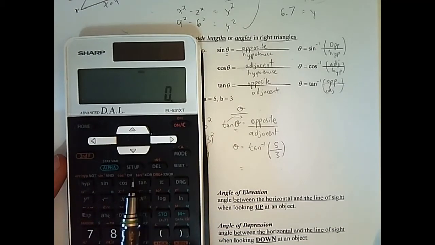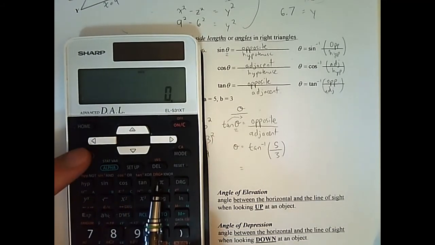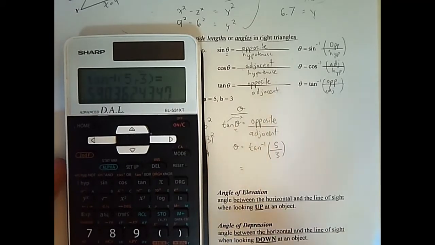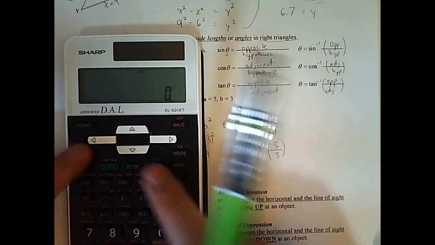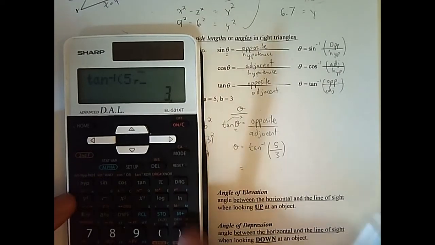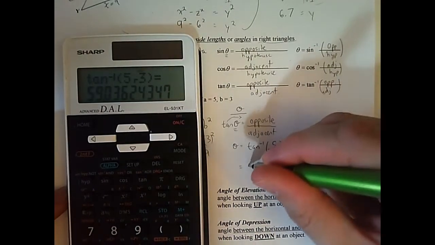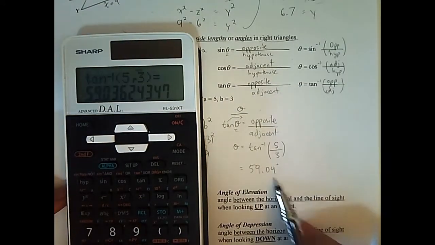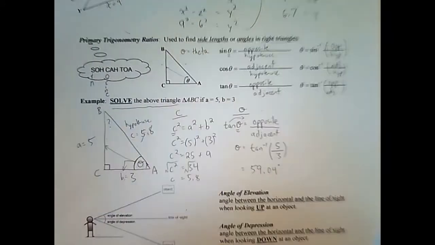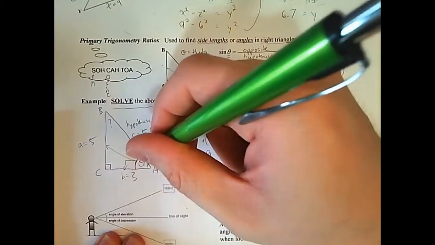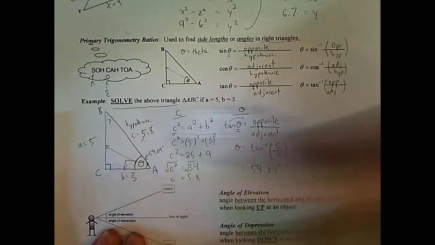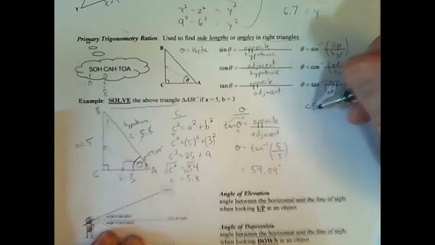I want to access the tan -1, which is above it, so I'm going to press second function, tan -1. Then put my fraction inside the brackets like that. Oops, I think I did it too quick. Let's just double check. 5/3. And I get 59.04 degrees. So that's got to be the one angle, this theta. So if I know this is 59.04 degrees, I could solve for angle B here, which is that question mark, a couple ways.